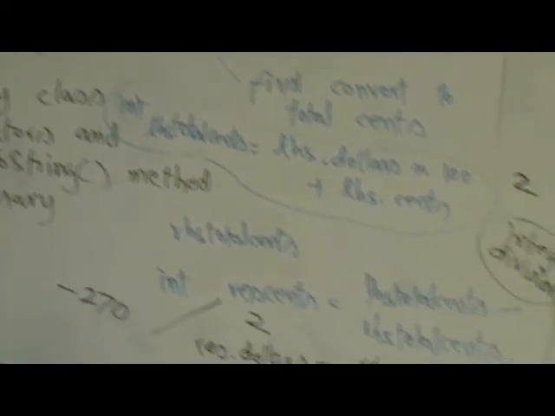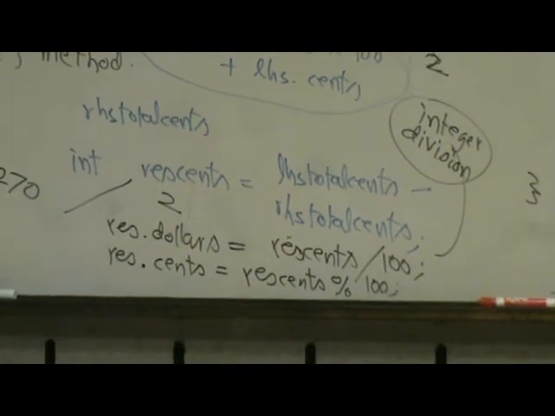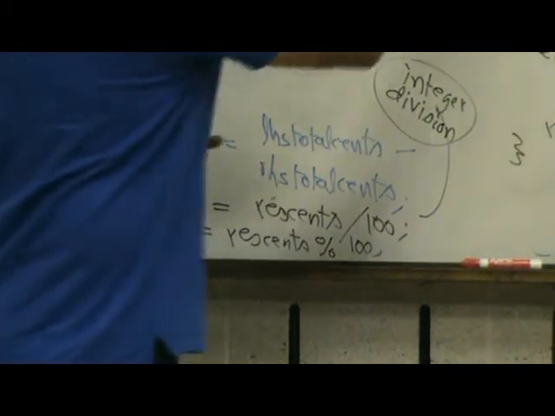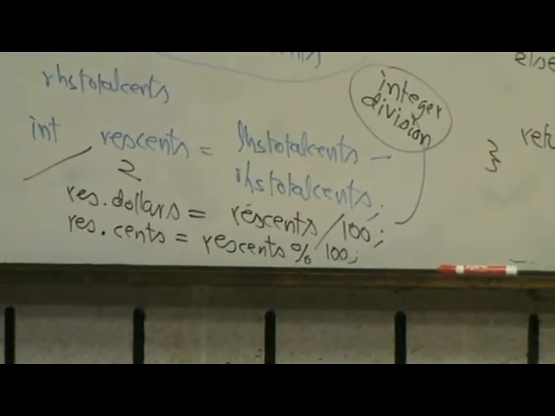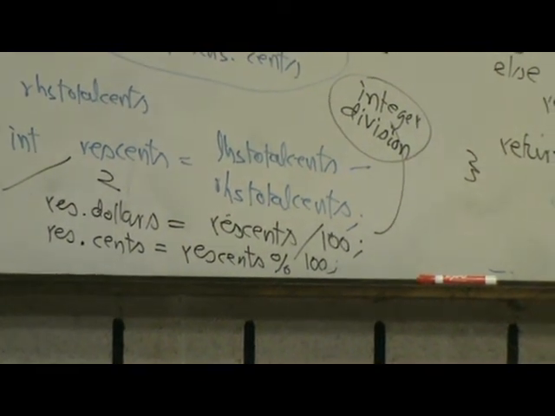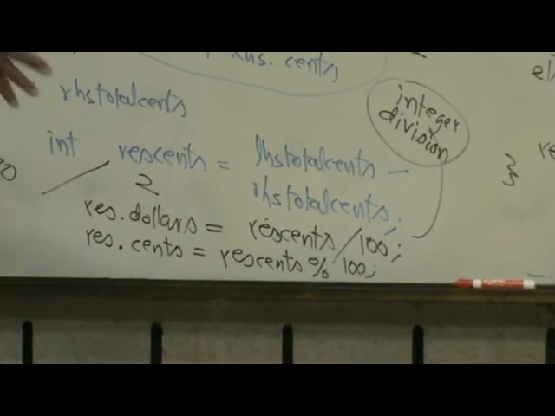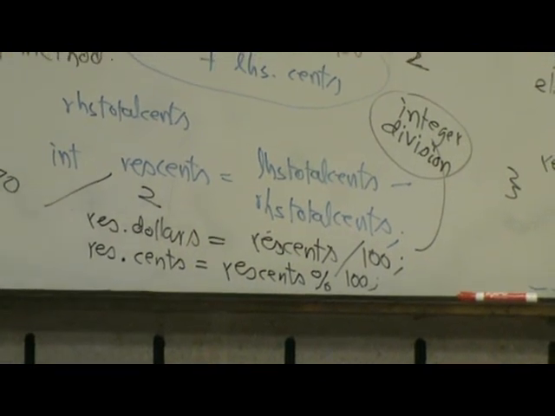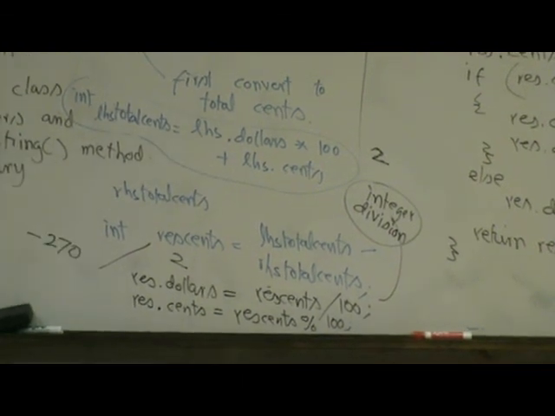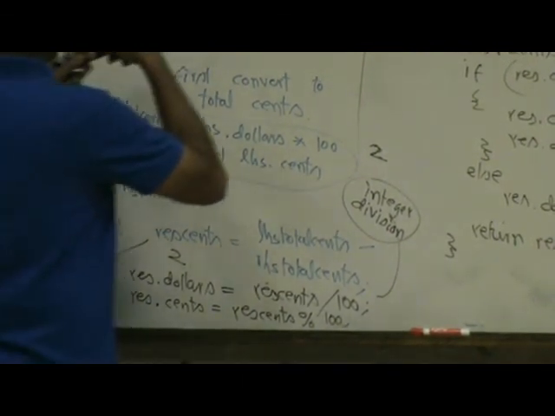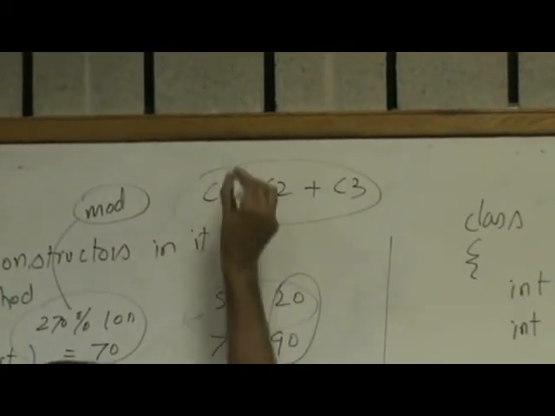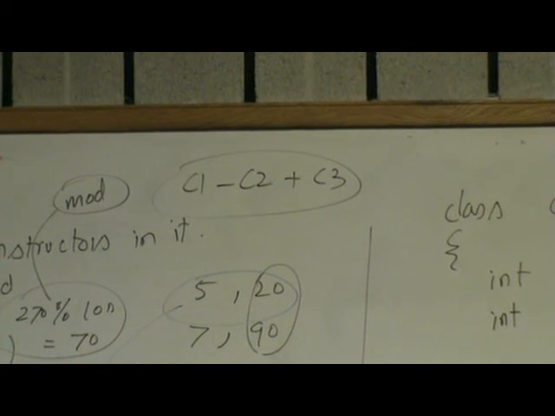Okay, so in this example, what will happen? Both of them will turn out to be negative numbers. Okay, but then it will create a further confusion if after that you try to do a plus. So I leave it up to you to think a little bit how to make only one of them negative, not both of them negative, so that if somebody did something like C1 minus C2 plus C3, it still should produce the correct answer.